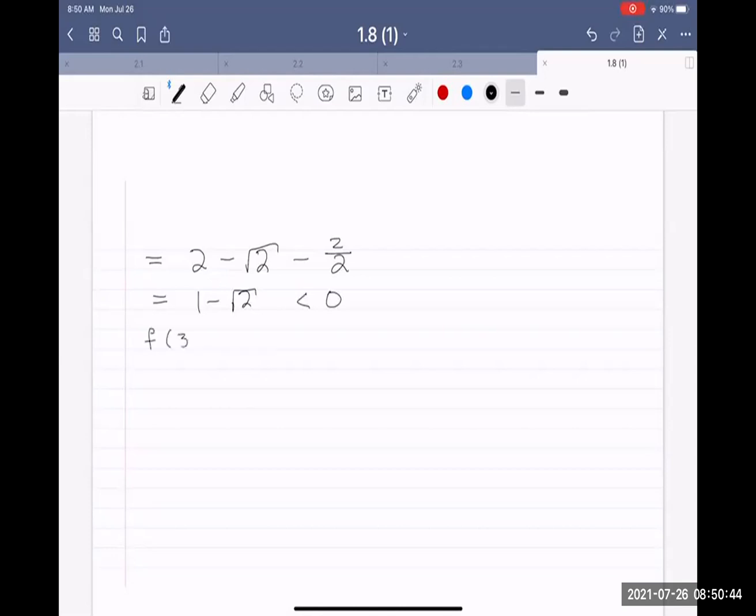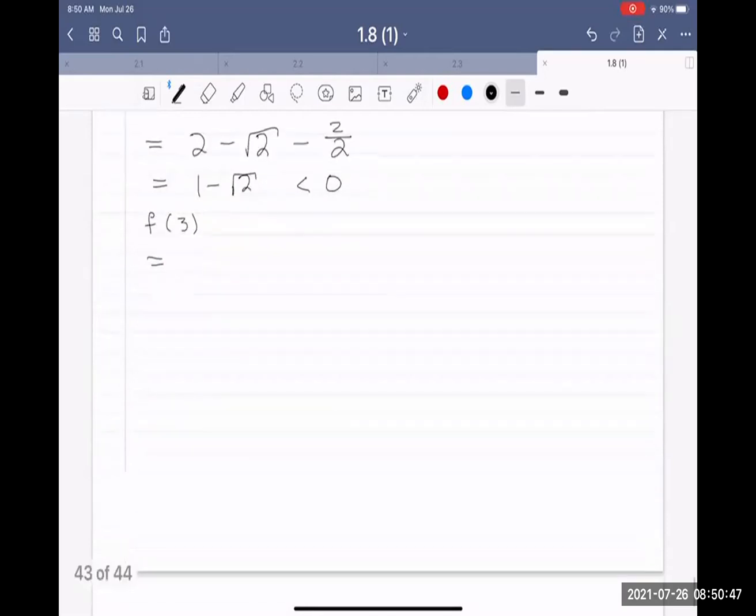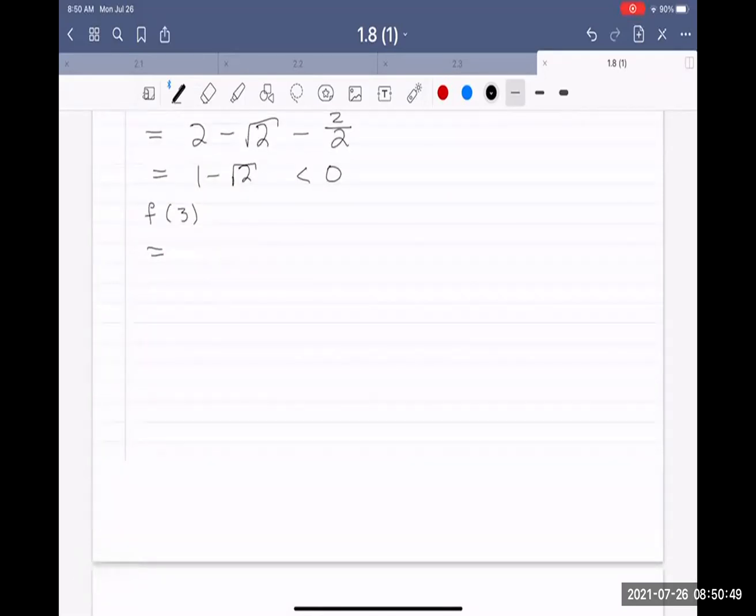F of 3 is equal to 3 minus the square root of 3 minus 2/3. 9/3 minus 2/3 is 7/3, minus the square root of 3. Well, 7/3 is bigger than 2, and the square root of 3 is less than 2. So you have a big number minus a smaller number, and that's greater than 0.